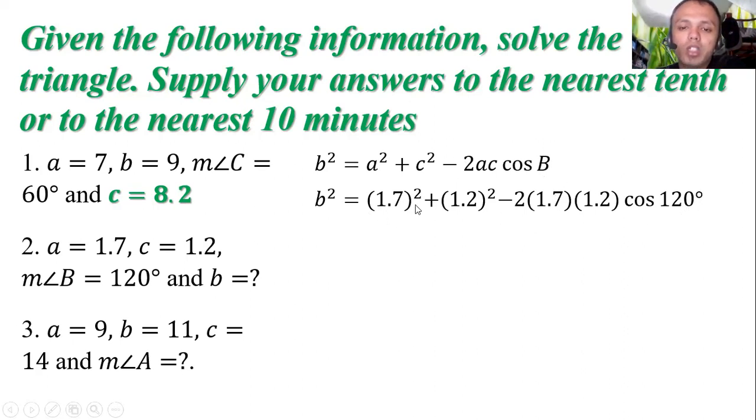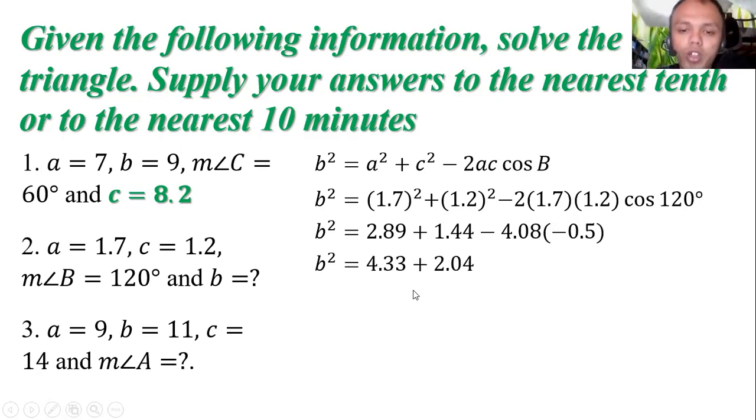Now, 1.7 squared is 2.89. 1.2 squared is 144. I mean 1.44. 2 times 1.7 times 1.2 is equal to 4.08. Cosine 120 degrees is equal to negative 0.5. Add natin 2.89 plus 1.44 is equal to 4.33. 4.08 times negative 0.5 is 2.04.